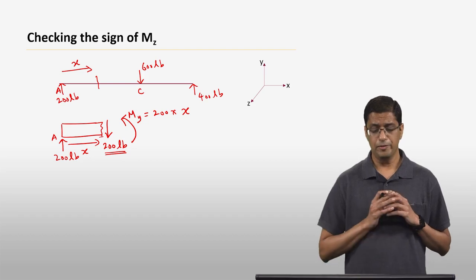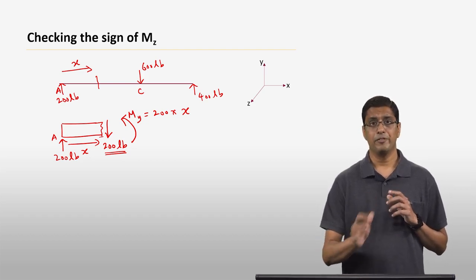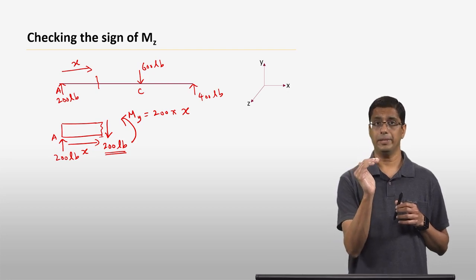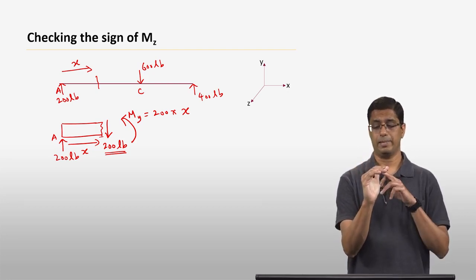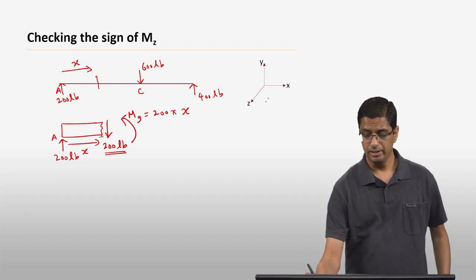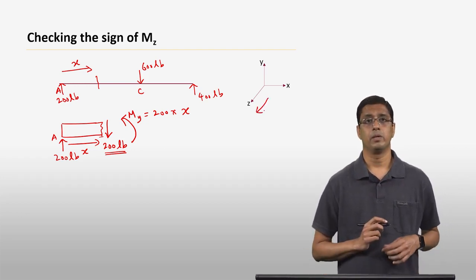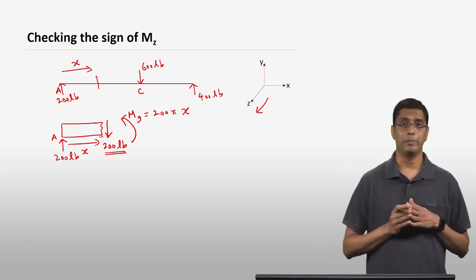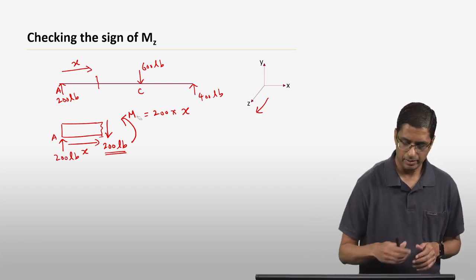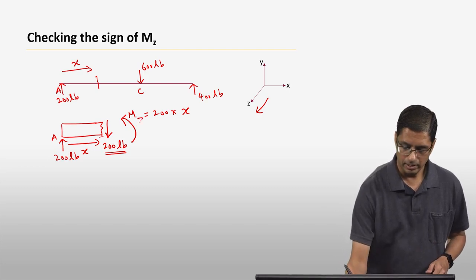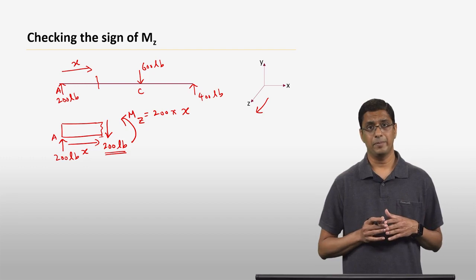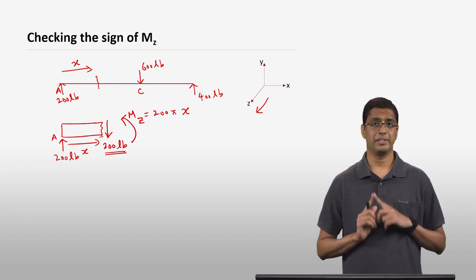Now, if you look at this M_y, if you use the right hand rule, curl your fingers along the direction of the moment, and you see that the thumb is pointing towards me, which is the direction of z. So the internal moment, I made a mistake here, it should actually be M_z. The internal moment M_z in this cross section is along the positive z direction.